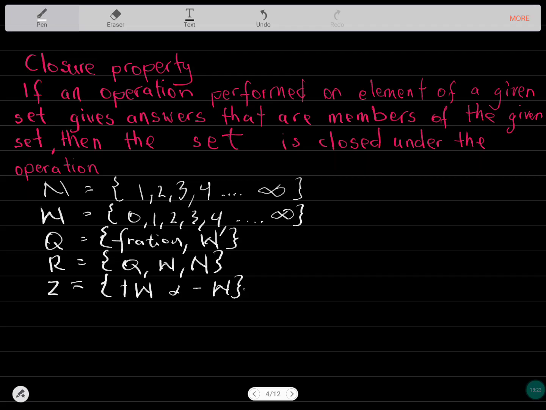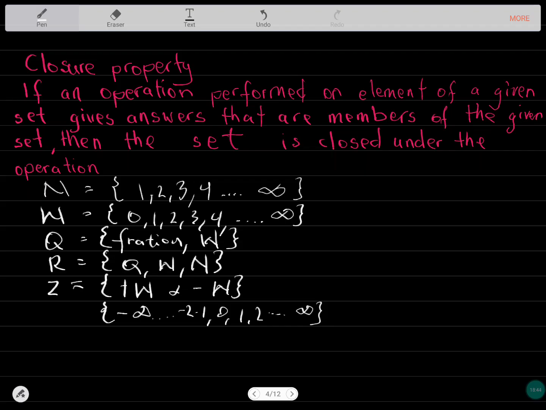So it starts from, say, negative infinity, then we have negative 2, negative 1, 0, 1, 2, and continues to positive infinity. So all numbers we could think about that are whole numbers, we call them integers.